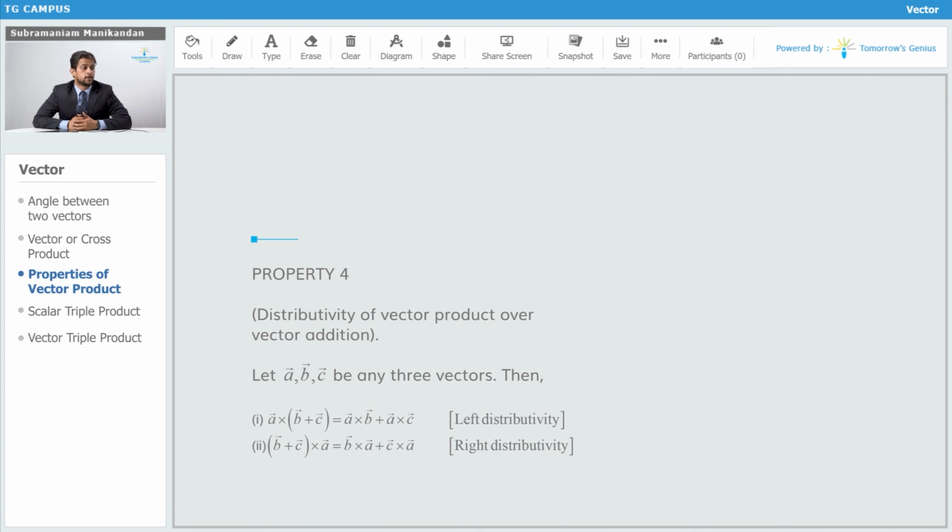Like for example, we could have d bar plus f bar cross b bar plus c bar. The same rules would apply. So a bar then could be expanded further, and then you could use the right distributivity to evaluate a bar cross b bar, and similarly a bar cross c bar, and so on.